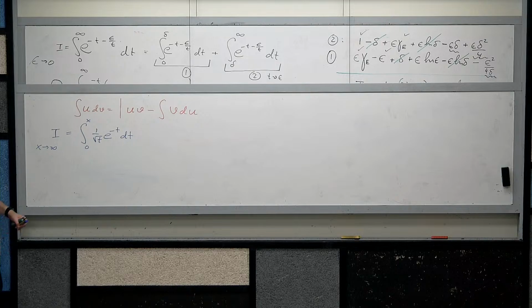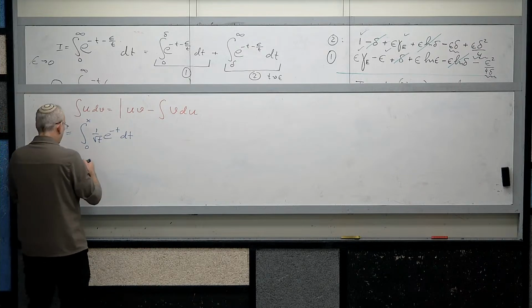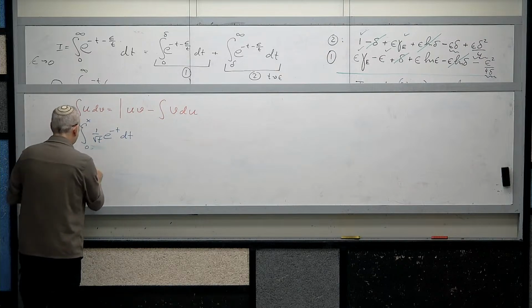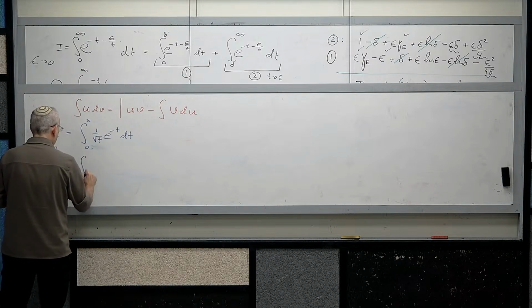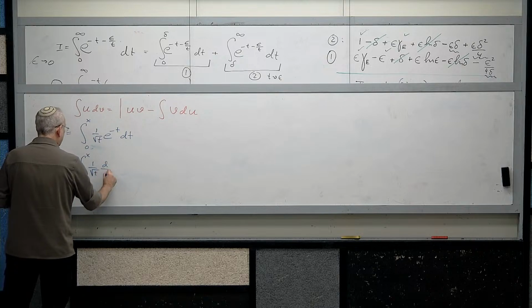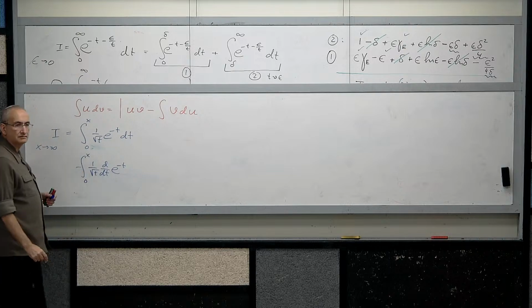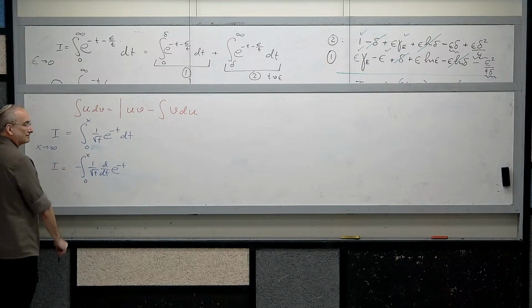The point is that if we are trying to do that using integration by parts, I can write it as the integral from 0 to x of 1 over square root of t times d/dt of e to the minus t, minus, because the d/dt is doing nothing but giving me a minus. So I is exactly that.